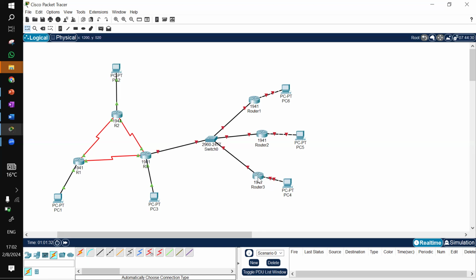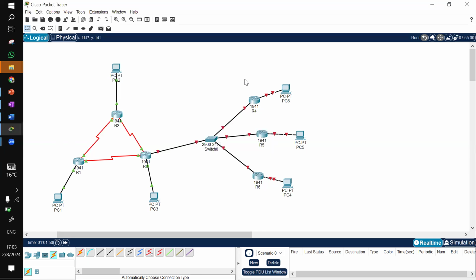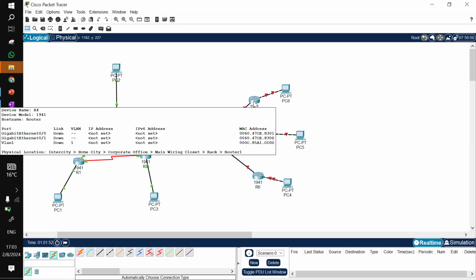It means if this router here, let me name them. So this becomes my router 4. This becomes my router 5. Let me name them for easy explaining. This becomes my router 6. Right. So if router 5 is to be enabled with OSPF and configured as an OSPF router, it means it will need to share some protocol messages with other routers.